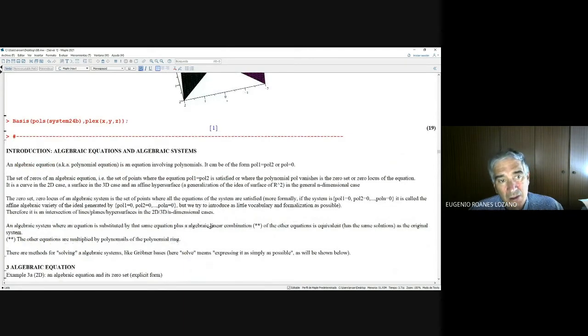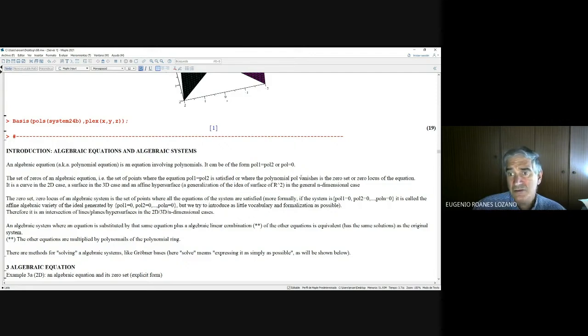Okay, let's move now to the algebraic equation and algebraic systems case. An algebraic equation or polynomial equation is an equation involving polynomials. It can be of the form polynomial 1 equals polynomial 2 or polynomial equals 0. And the set of zeros of an algebraic equation is the set of points where the equation is satisfied, or where the polynomial vanishes.